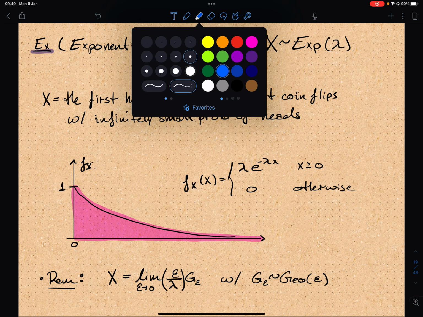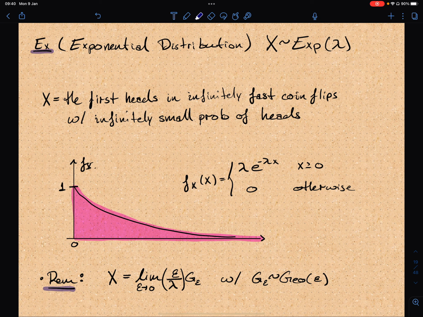And this interpretation of the exponential random variable is encoded in this statement, where you take your random variable with geometric distribution. Again, epsilon is a parameter that tells you the probability of heads, and you denote it G sub epsilon, and then you take epsilon goes to 0.